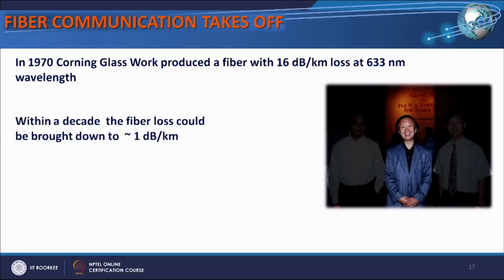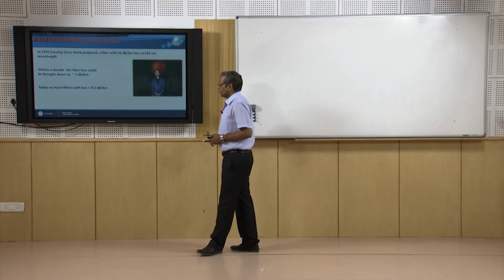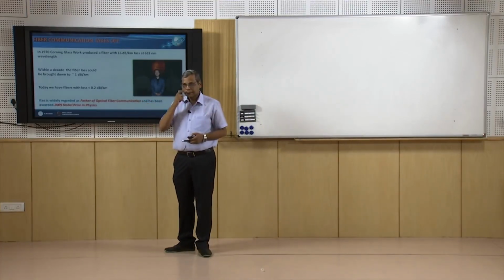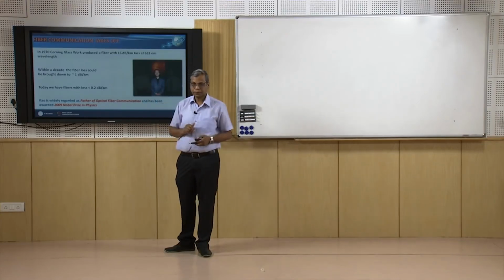Today we have fibers with loss less than 0.2 dB per kilometer, which is approximately the theoretical limit. So, whatever today we have is because of Charles Kao.